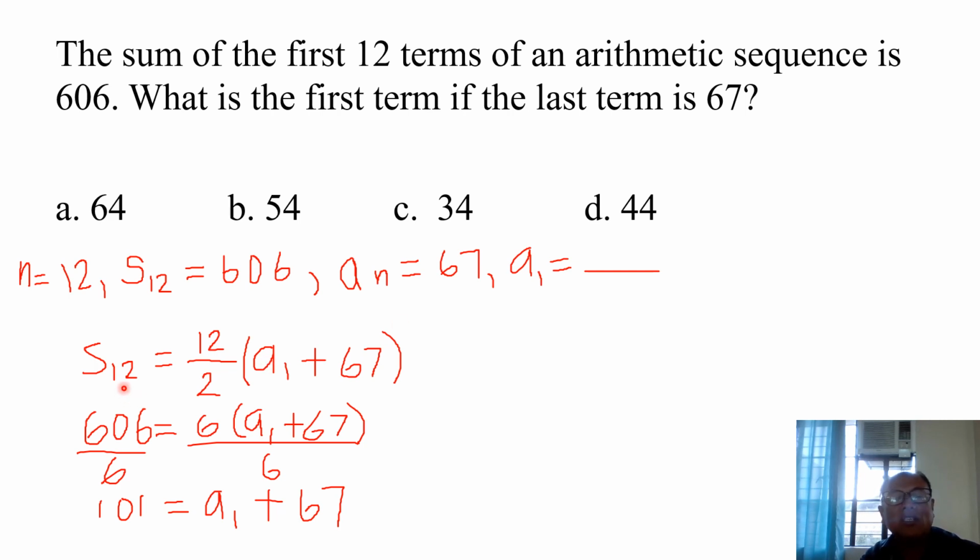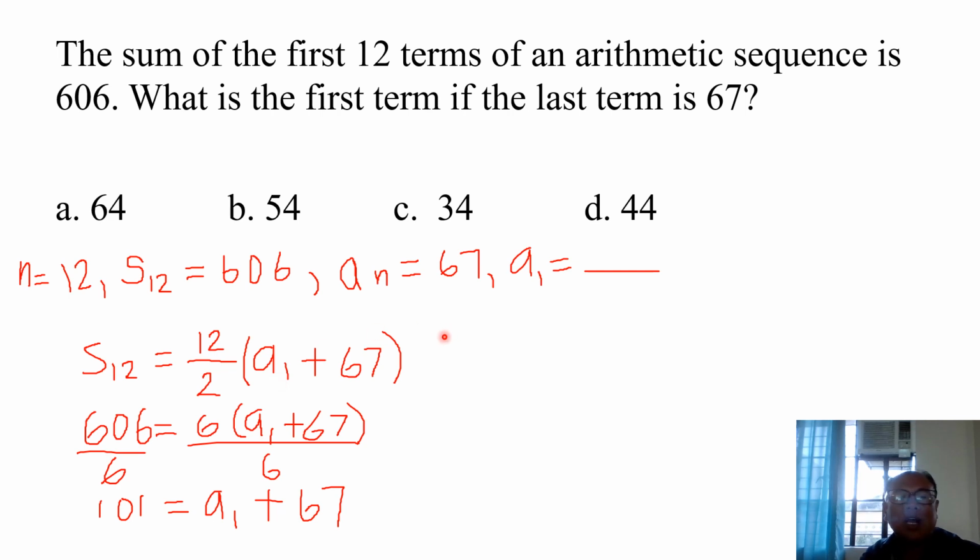And then using the formula, we are going to solve for the sum of the first 12 terms, but we are not given the value of a1, so we are going to solve first for the value of a1.